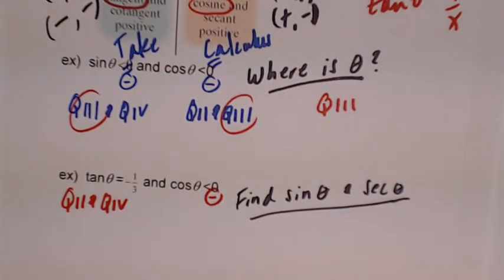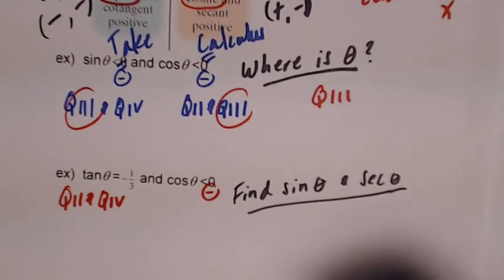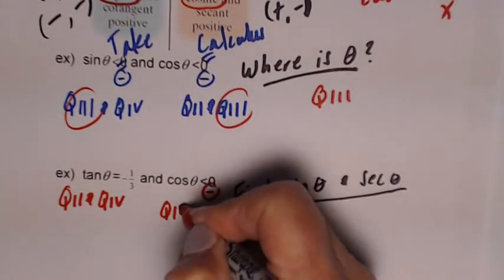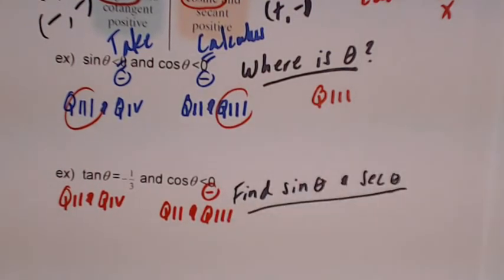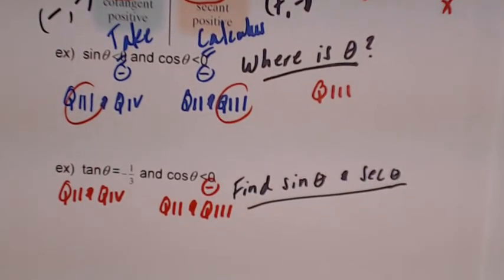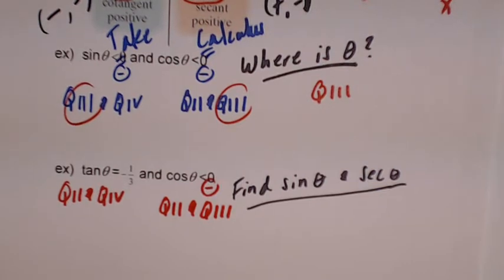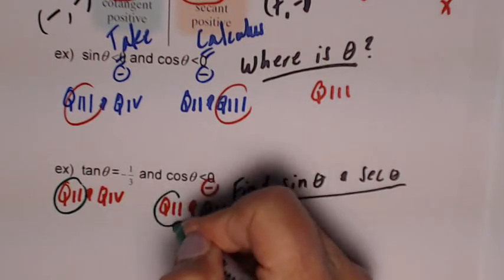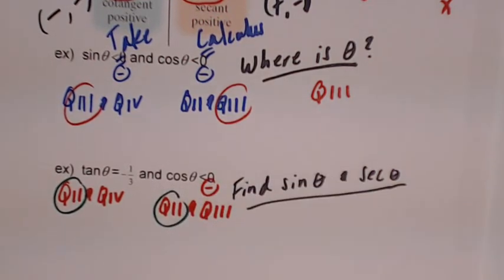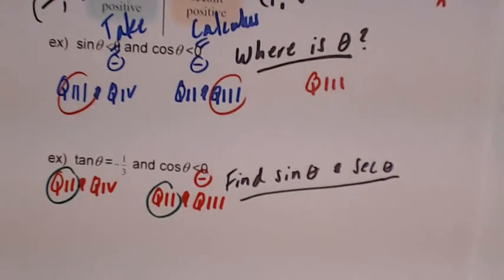Cosine is negative in Q2 and Q3. So in the quadrants where both of these functions are negative, Q2, Q4, Q2, Q3, we can see that the common quadrant is Q2. So we know that our theta is in Q2.